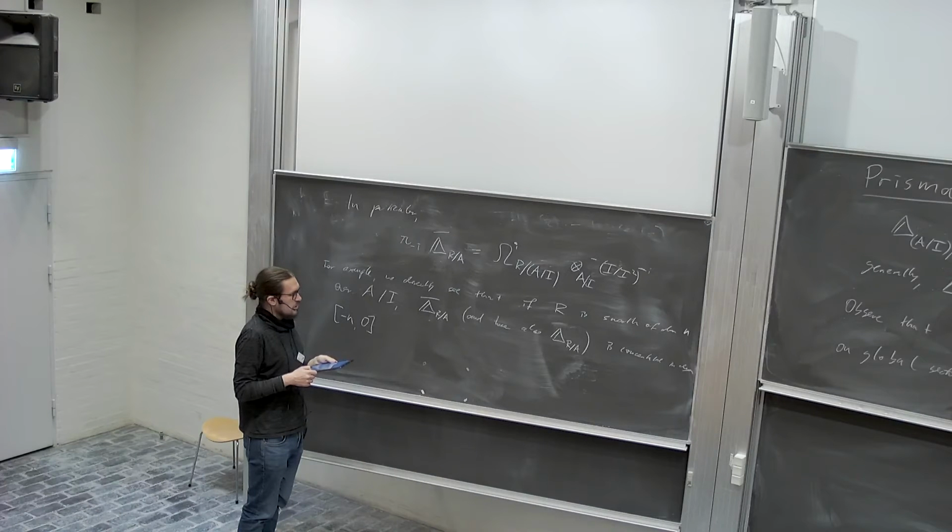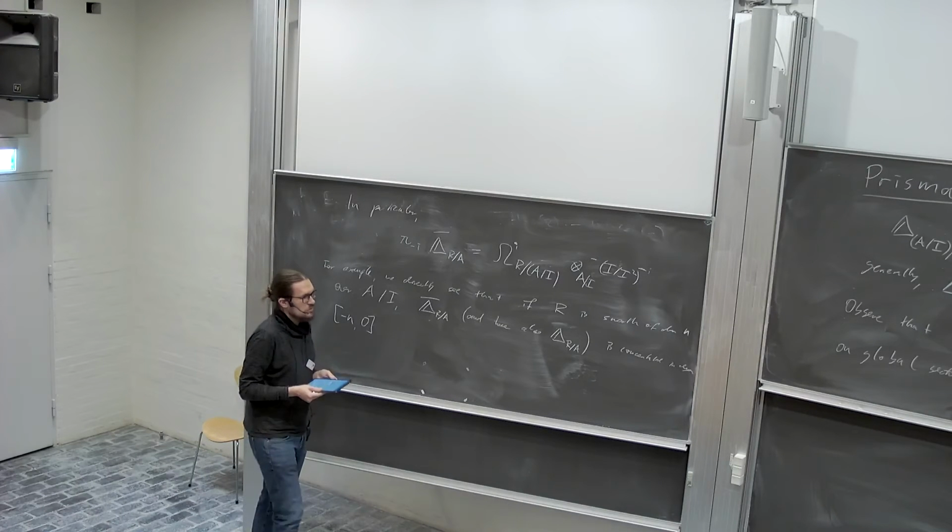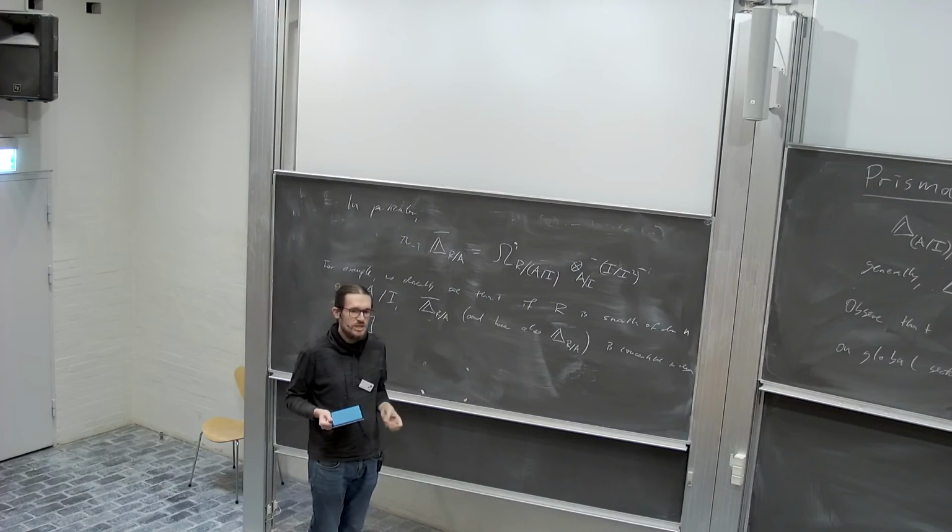The question was whether there could be a lim^1 in principle. So prismatic cohomology, this is a complete filtration, which I think means there's no lim^1. Okay, maybe there could be one in principle.